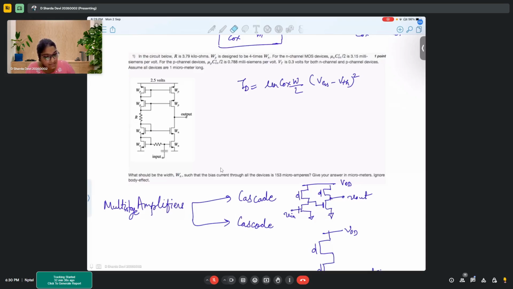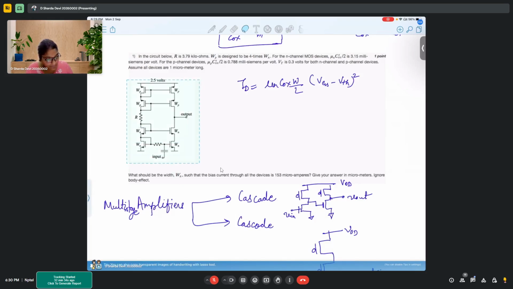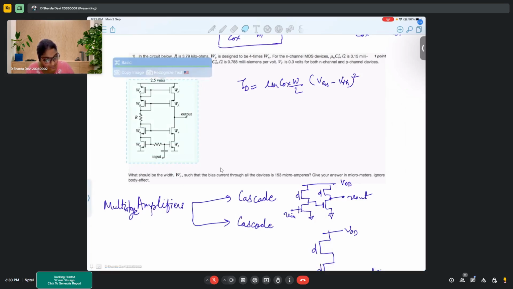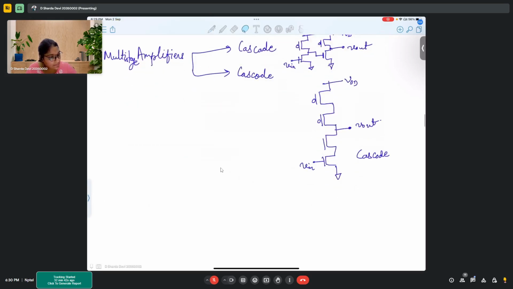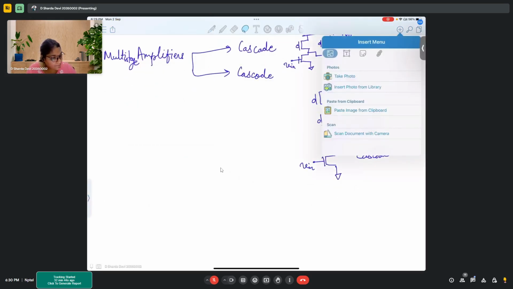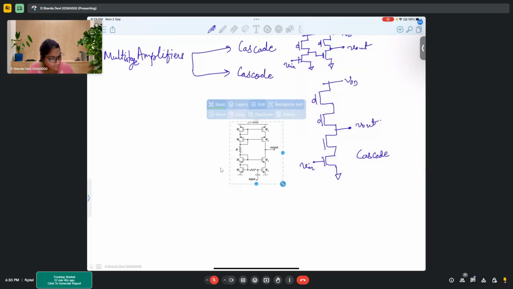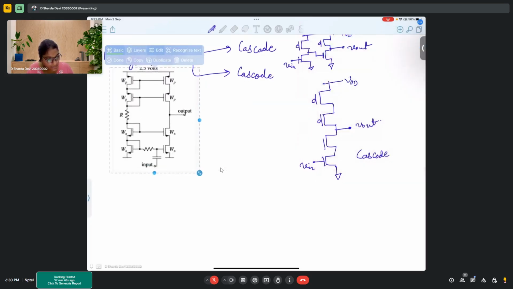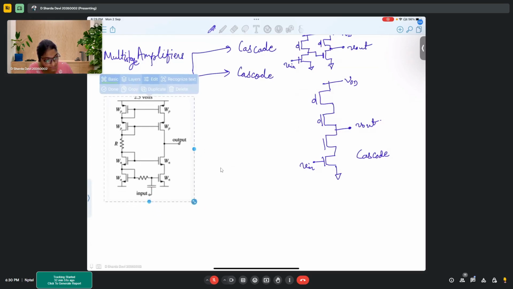So starting with this problem, here we have 2.5 volts.